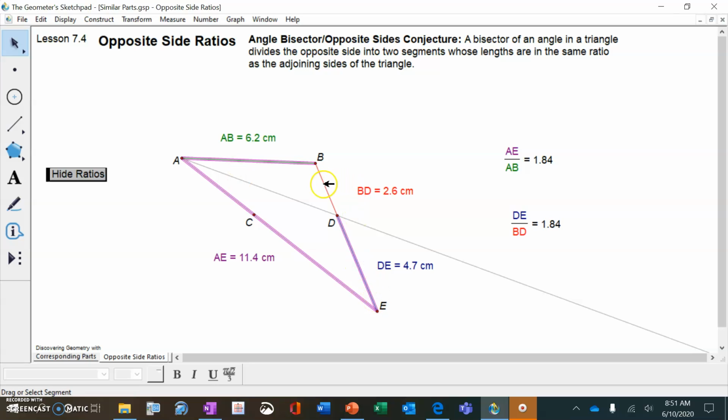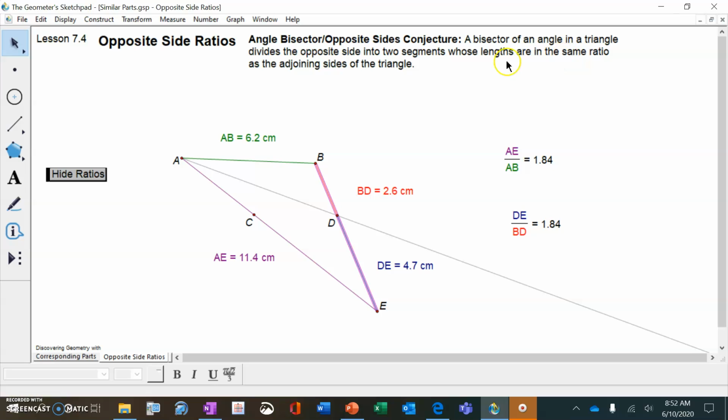This piece here over that piece here. Now I could also have gone this way. This over this. Do it again. The top side over the bottom side is the same ratio as this top side over this bottom side. So this is conjecture number 63 on your conjecture list.